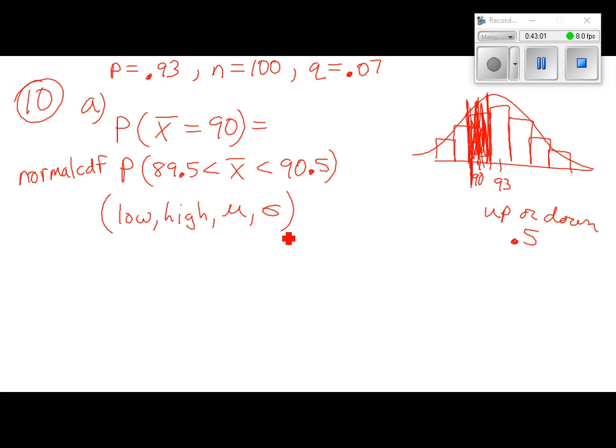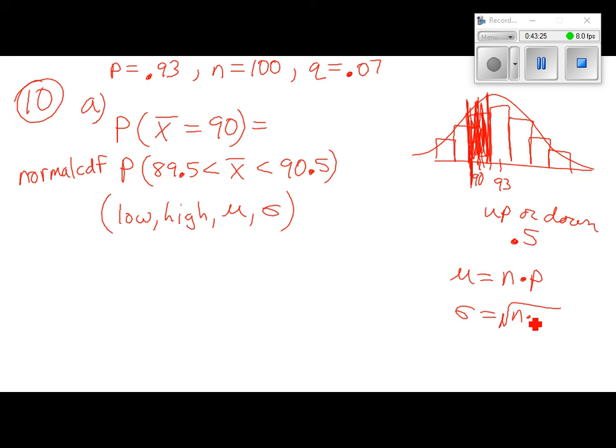Do we have the mean? If it's a binomial, do we have the mean? Do we have the standard deviation? No, we've got to find it. Does anybody remember with the binomial, how do you find the mean and standard deviation? N times P is the mean. What's the standard deviation?